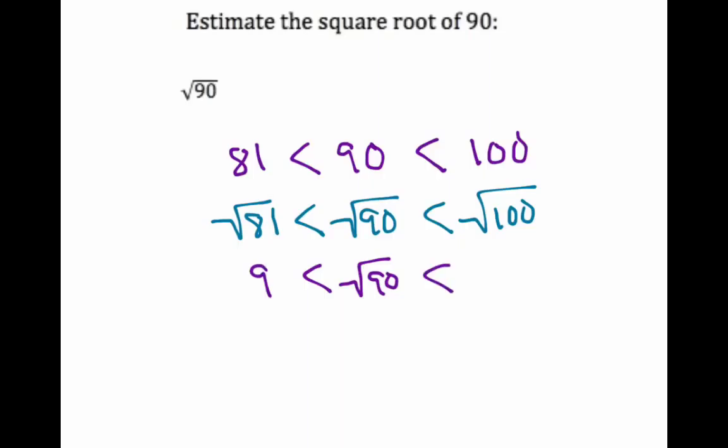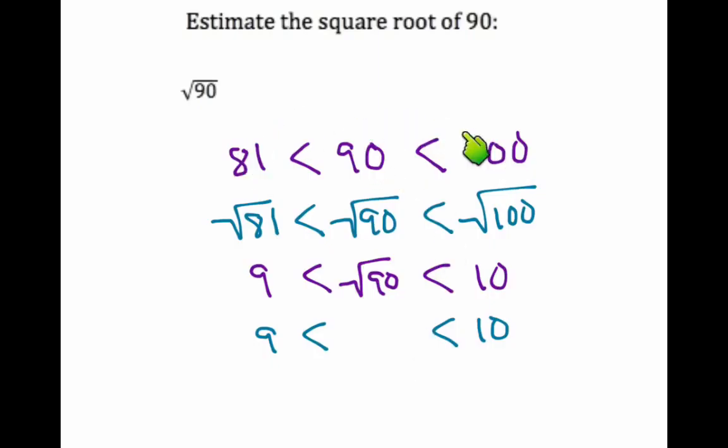Square root of 81 is 9, square root of 100 is 10, so the square root of 90 is somewhere between 9 and 10. That means it's 9 point something. So now I just need to think about distance.